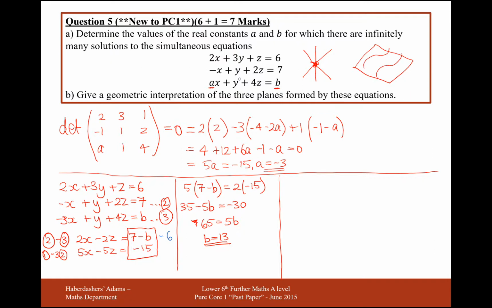But looking at the equations here, I can't see that all the equations are equal, or if not a scalar multiple of each other. So it's not this one here, so it must be the one that's left over. The equations form a sheaf. Excellent, 7 marks.